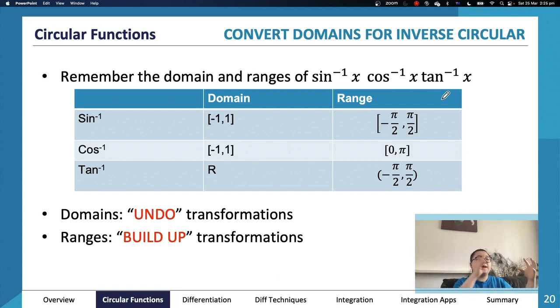So we make whatever's on the inside equivalent to that, and then we undo all the things. With ranges, we have a base of between -pi on 2 to pi on 2, or between 0 to pi. And then from there, we can expand out because things are being added to them or multiplied to make it bigger and bigger.